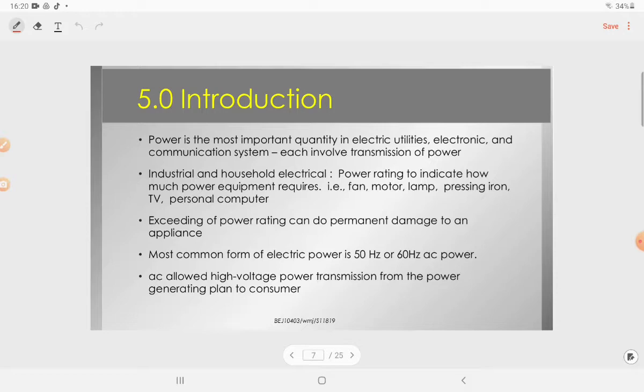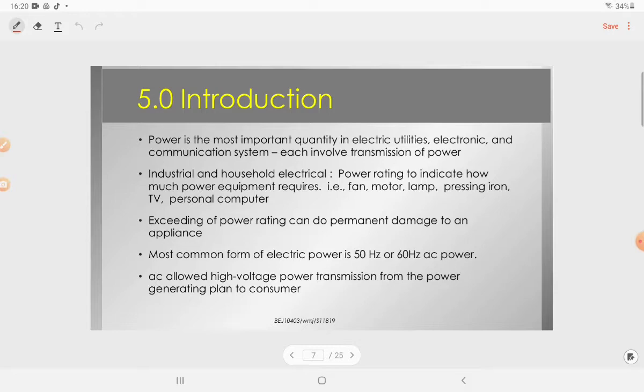In industrial and household electrical, power ratings indicate how much power the equipment requires. For example, you have a fan, motor, lamp, pressing iron, TV, and personal computer. Each of these devices has its own power rating.